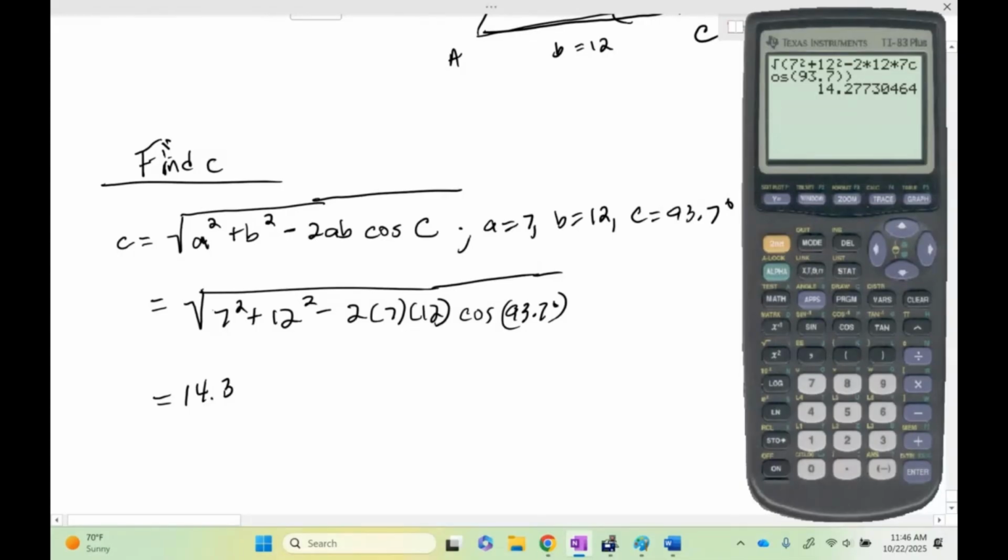So now here's what I'm going to do to avoid rounding error. I'm going to take this value for side length C and store it for C. Once I had that answer of 14.277, I just hit STO, which is short for store.